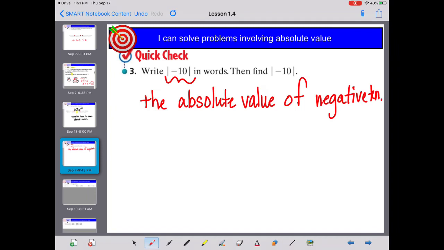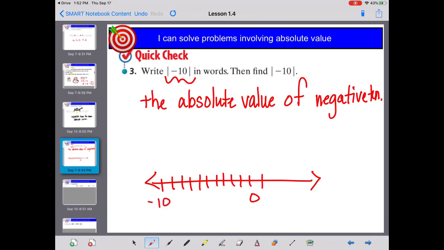To evaluate the absolute value of -10, here is 0. And 1, 2, 3, 4, 5. This is -10. So how far away is -10 from 0?